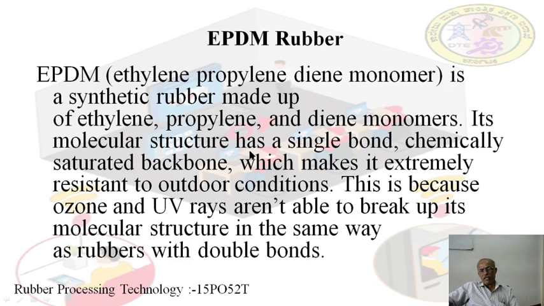Its molecular structure has a single bond chemically saturated backbone, which makes it extremely resistant to outdoor conditions. This is because ozone and ultraviolet rays aren't able to break up its molecular structure in the same way as rubbers with double bonds.